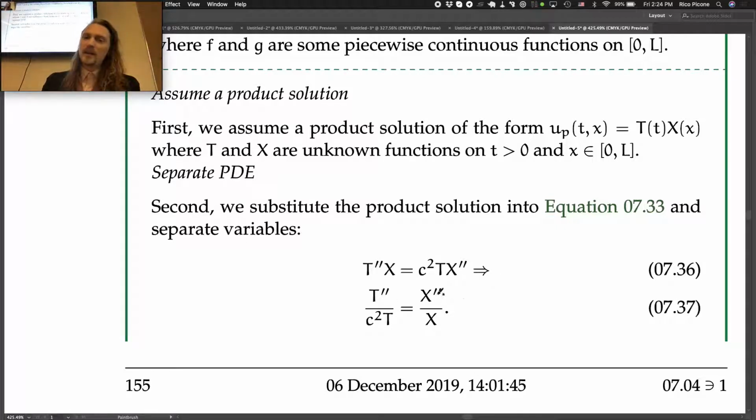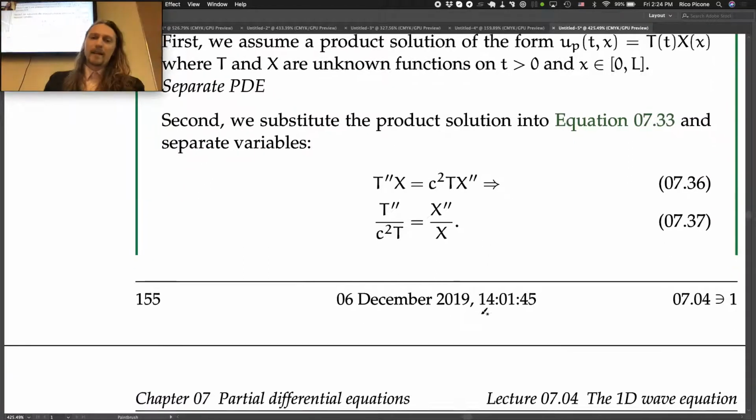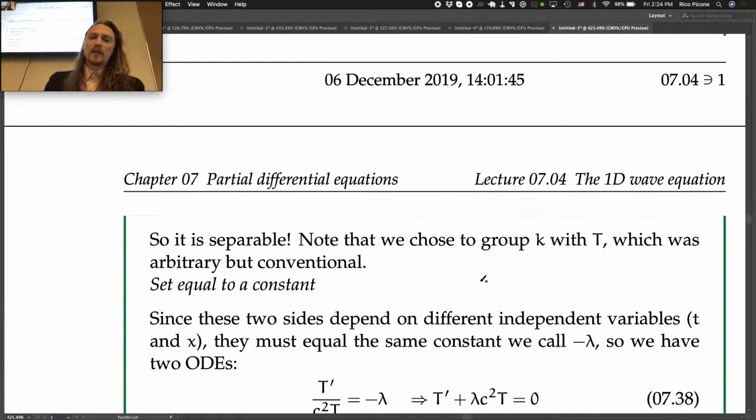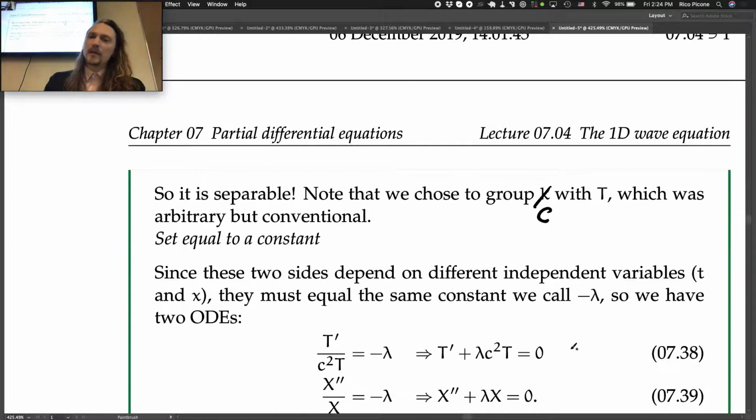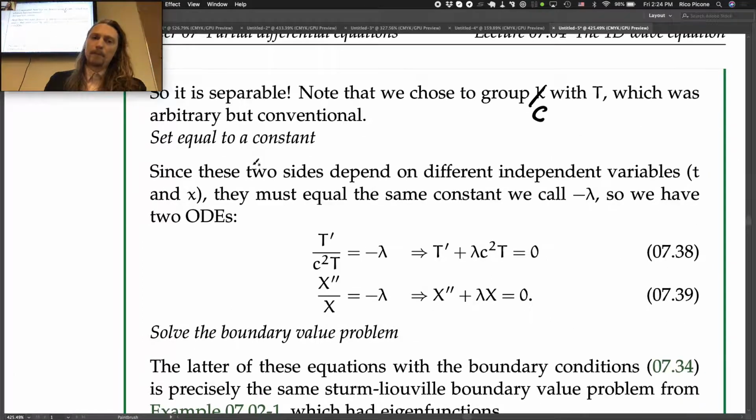We see that it is in fact separable in a very similar way to how it was before. Once again, we group c with T, which was arbitrary but conventional. Since these two sides depend on different independent variables, this is T double prime.